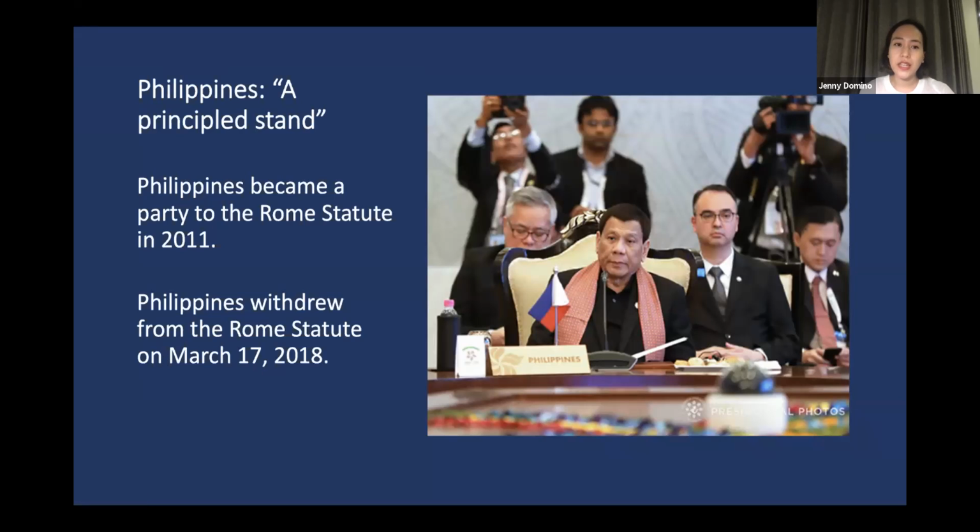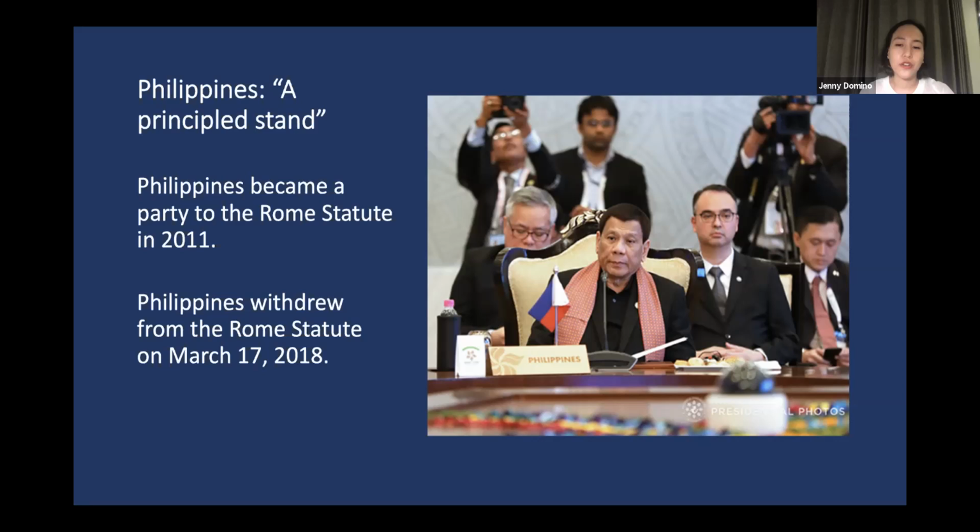Rights groups and even the country's national human rights institution have documented how thousands of individuals have been killed in the context of the war on drugs. And in early 2018, the ICC prosecutor announced that it would conduct a preliminary examination in the situation in the Philippines. And shortly thereafter, the government withdrew from the treaty on March 17.